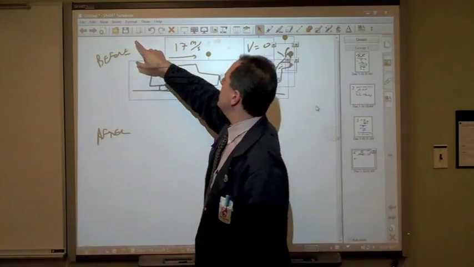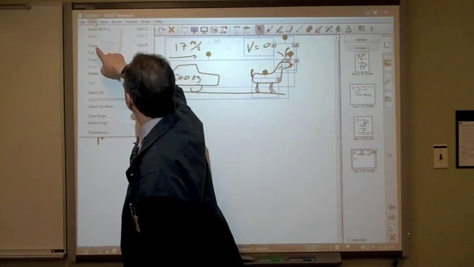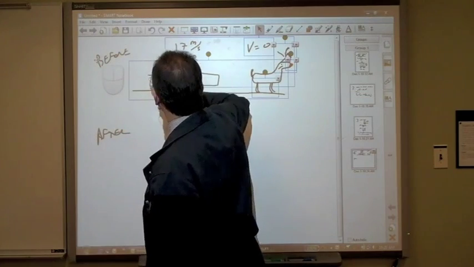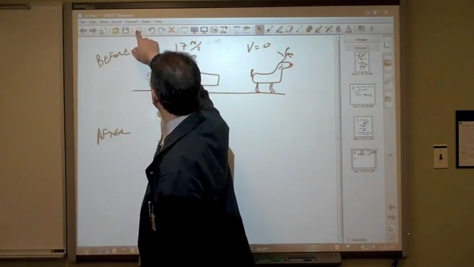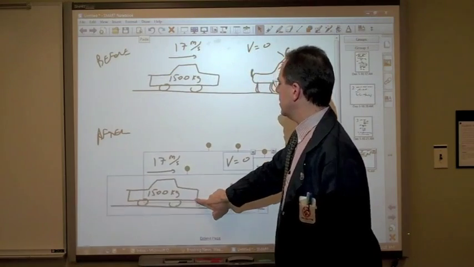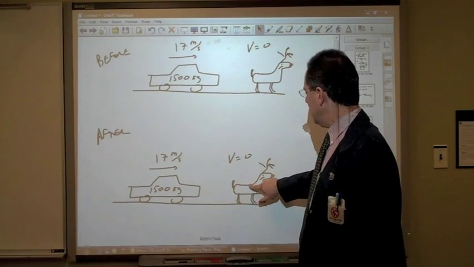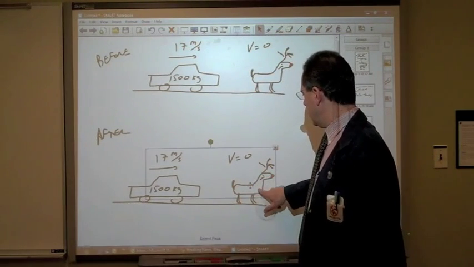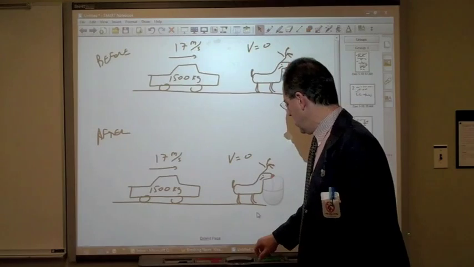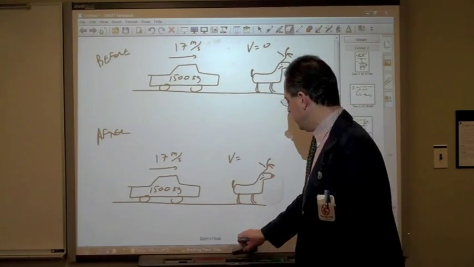Okay, so if we copy this, and then we paste it in down here, after collision, our deer here is moving off at a velocity of 3 meters per second.